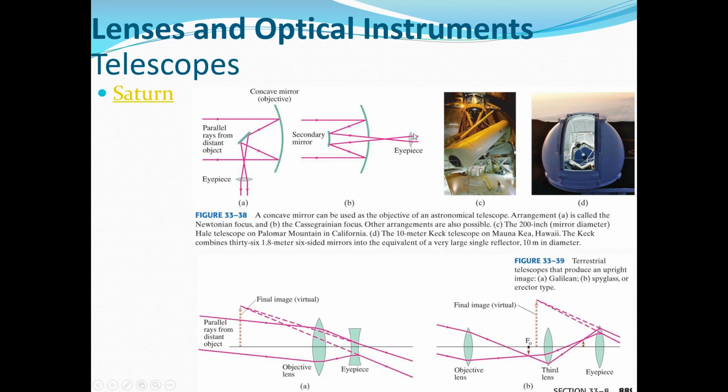This is another way that you can make these eyepieces. This would be an eyepiece directly behind the mirror versus to the side of the mirror. You could have these other ones where you have a converging lens and a diverging lens. You can read some of the different types of telescopes.